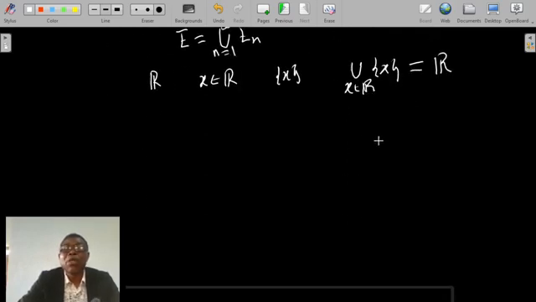Now, the next thing I would like us to know is the following. Remember that before we got into talking about this countability of sets, we talked about one-to-one onto functions.